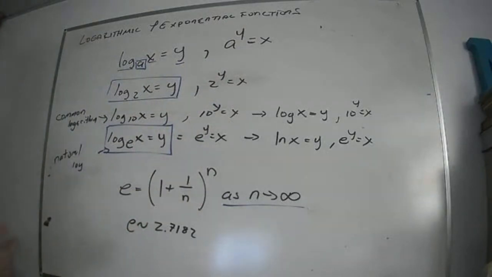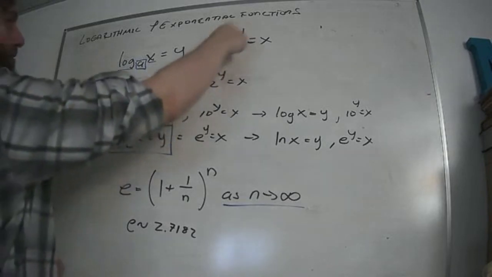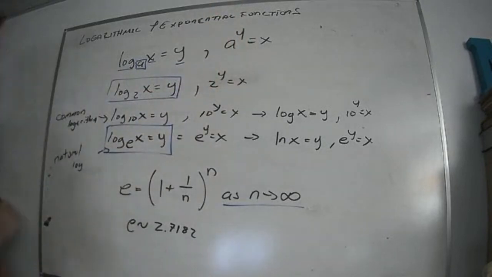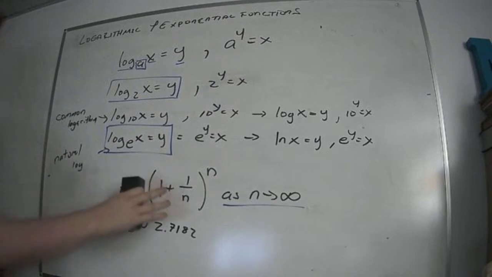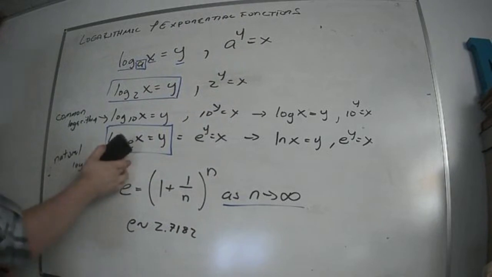So we use them to solve equations where we have this going on. So let me remove this, and we'll get back to what we can do. And I will do all of these calculations assuming the natural logarithm.